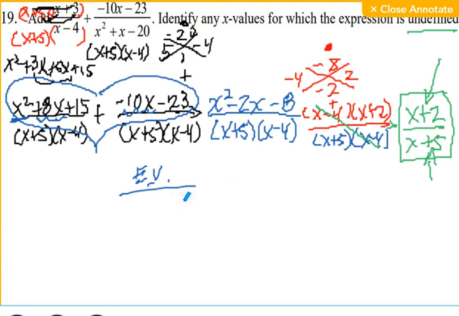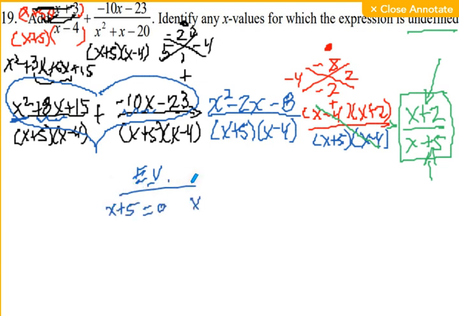All right. So tell me what to write for the excluded values. All right, Alex got this. Yes. X plus 5 equal to 0 and x minus 4 equals 0. Man, Alex is on the ball today. Let's go.